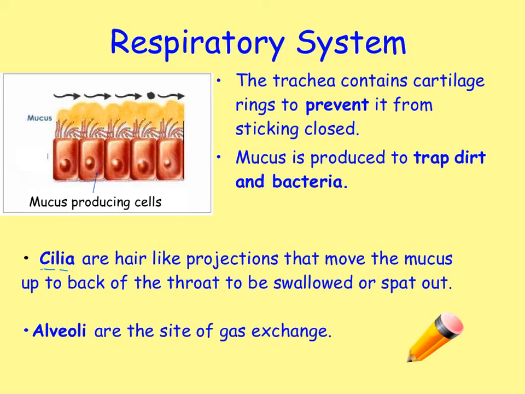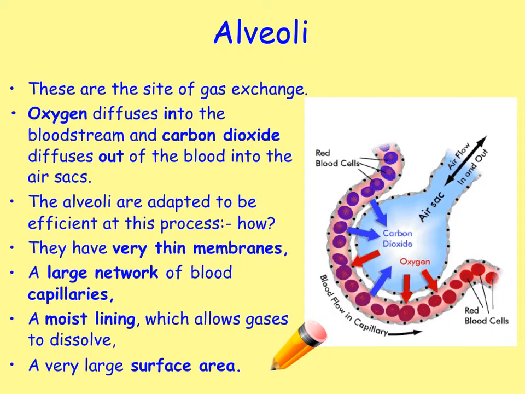Now we're going to have a look at the alveoli, and they are known as the site of gas exchange. This is just one single alveolus over here at this side. If you think of that bunch of grapes we saw earlier, we're just looking at one of these grapes, and air is flowing down into the alveolus from these bronchioles.